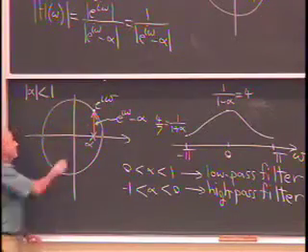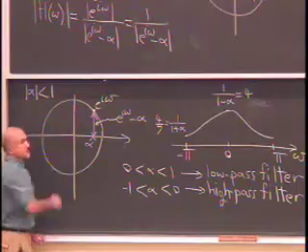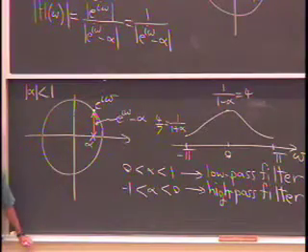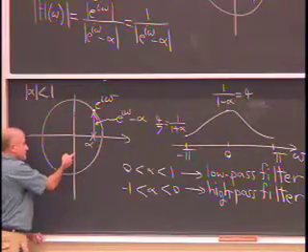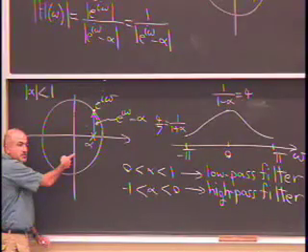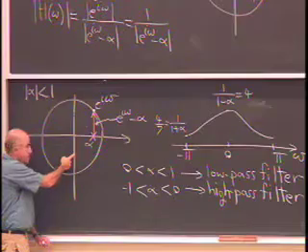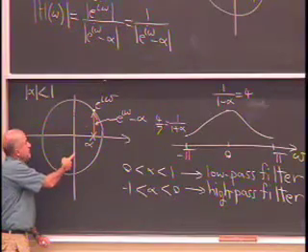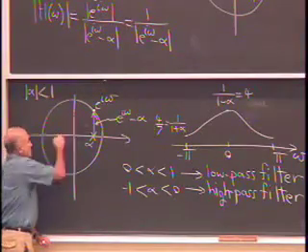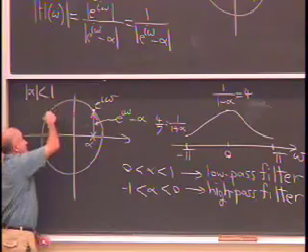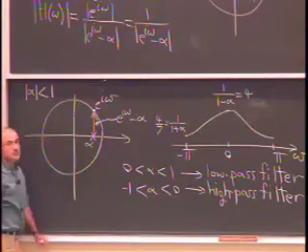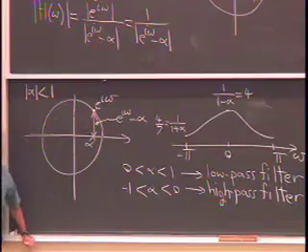What if I put alpha along the imaginary axis? Then where would the peak occur? Pi over 2. If I put it on the negative side of the imaginary axis, it would peak at 3 pi over 2 or minus pi over 2. And if I put it at arbitrary locations here, it would peak at the angle corresponding to where I've placed the x.